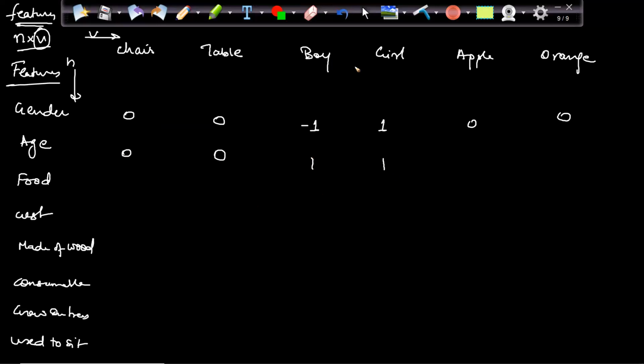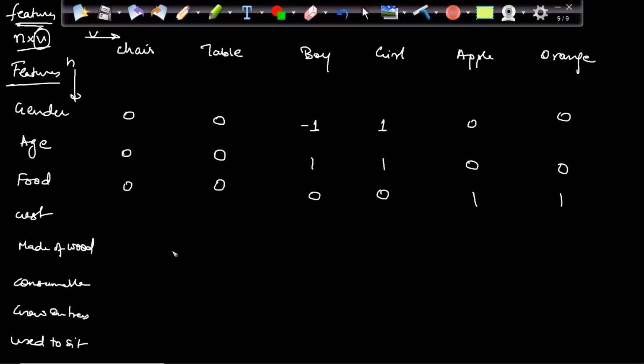They have age. Apple and orange have no age. Food. Is chair a food? No. Table? No. Boy? No. Girl? No. Apple? Yes. Orange? Yes. Now you can understand, right? There is similarity between the words, because apple and orange are both food.